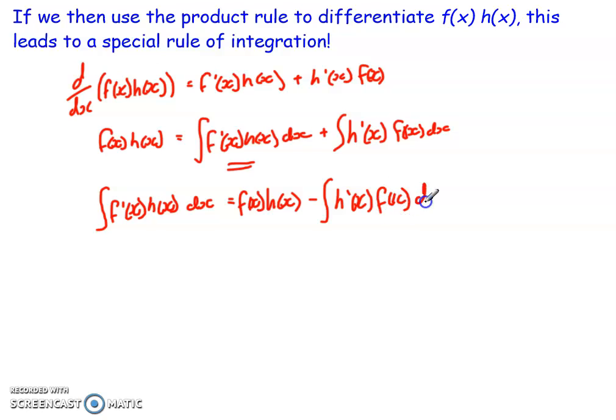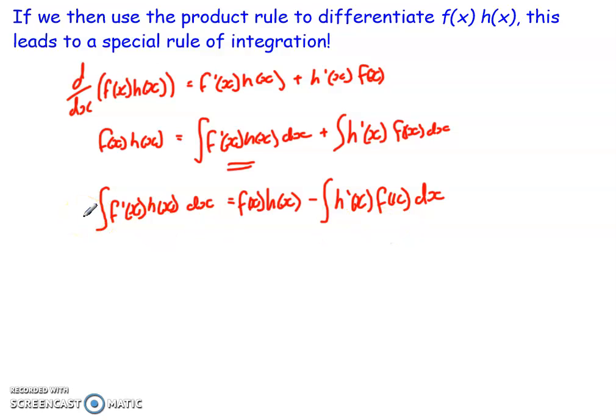Now this is what's called integration by parts, and it allows us to make the assumption that our original function we're going to integrate takes the form of f dashed x times h of x and integrate it with respect to x using this formula here.